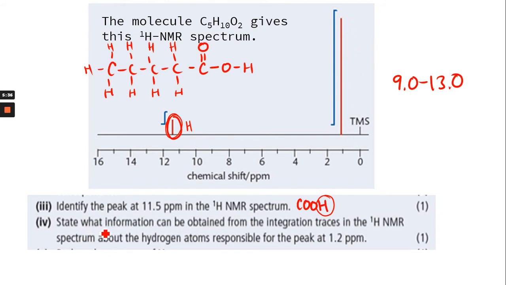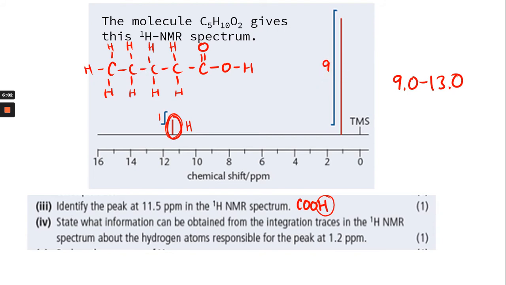So in number 4, it says state the information that can be obtained from the integration traces in the HNMR spectrum about the hydrogen atoms responsible at 1.2. So it's talking about this blue line here, this curve of the blue line. So if this is one hydrogen, what is this? Well, since we know that the molecule has 10 hydrogens, we can say that this is the other 9 hydrogens.